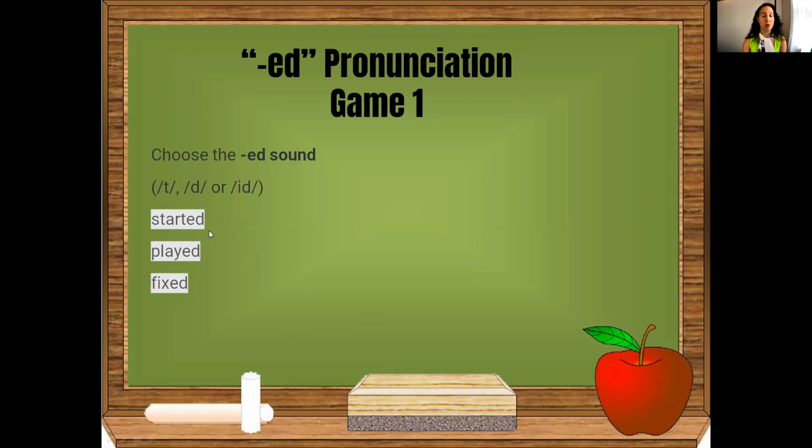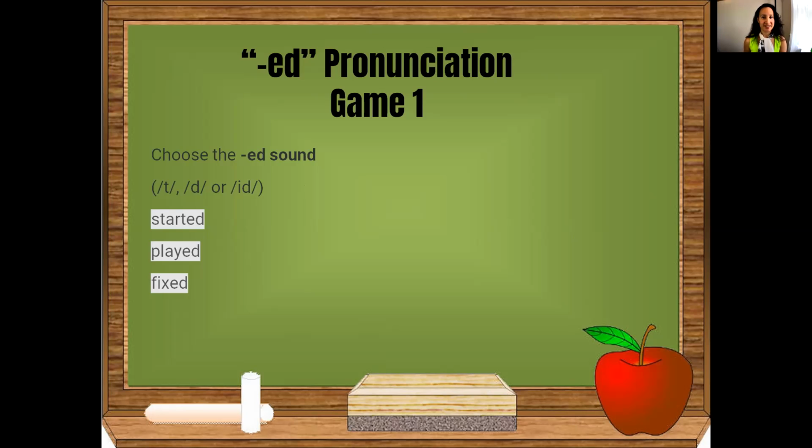Okay. Next one. Played. Is it a T sound, a D sound, or an ID sound? I'm going to say this 2 times. Fixed. Fixed. Is it a T sound, a D sound, or an ID? Does everyone have it?